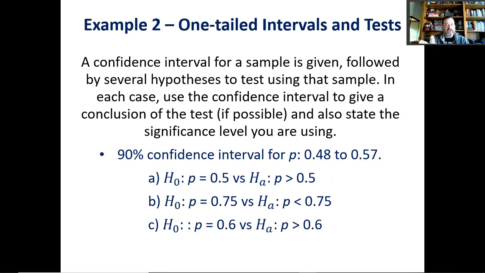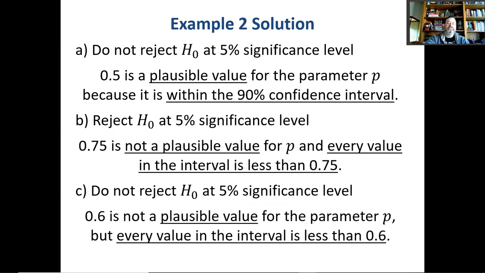You need to check both things for one-tailed tests. So even though 0.6 is not plausible, the confidence interval is on the wrong side of the alternative hypothesis, right? Every value in the interval is less, so we can't support the alternative hypothesis that p is greater than 0.6.